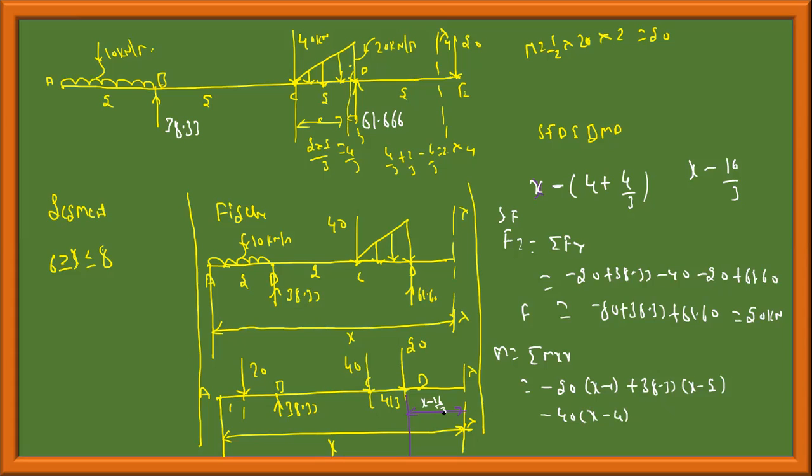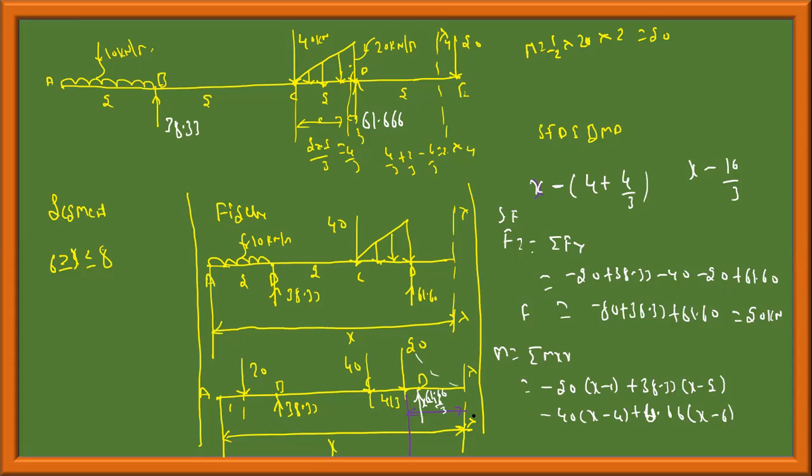and then this load at CD is also coming into picture. I forgot to write 61.66. Okay, this is bending the beam like this, which is positive, plus 61.66 into x minus 6.